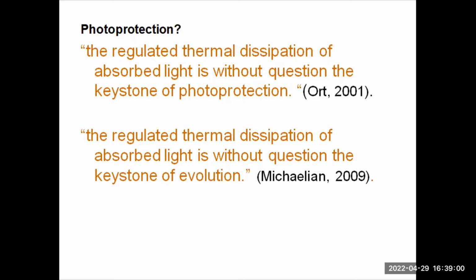So what I propose then is that the regulated thermal dissipation of absorbed light is without question the keystone of evolution. So that is in fact what nature is after. It's after the dissipation of photons. So that's what it's trying to optimize.